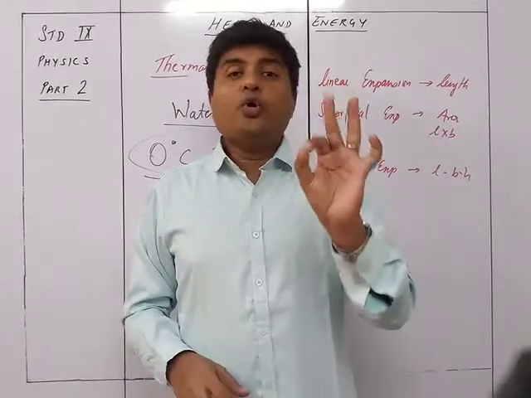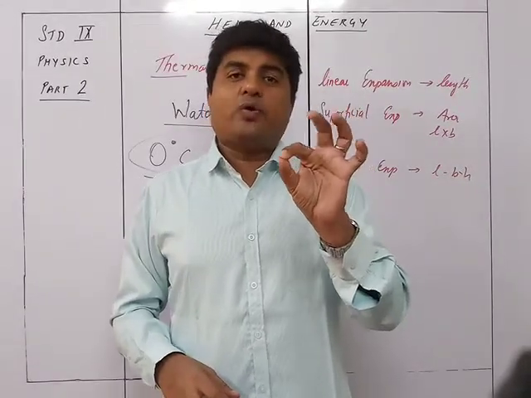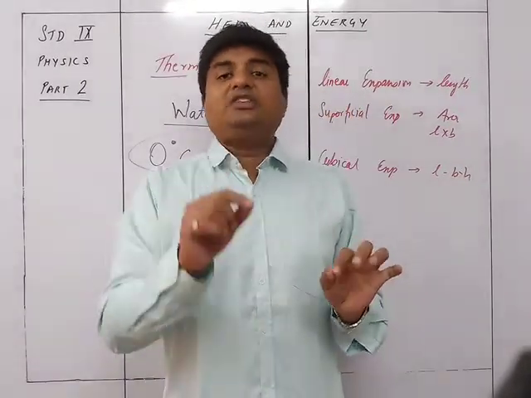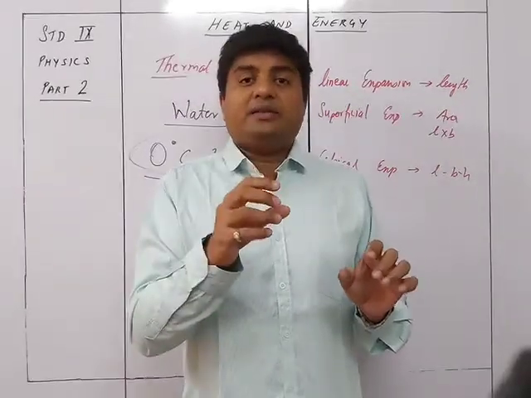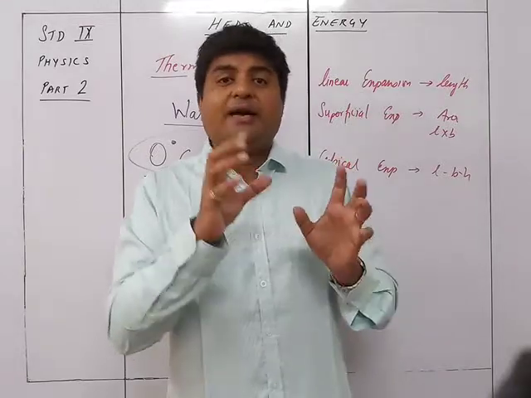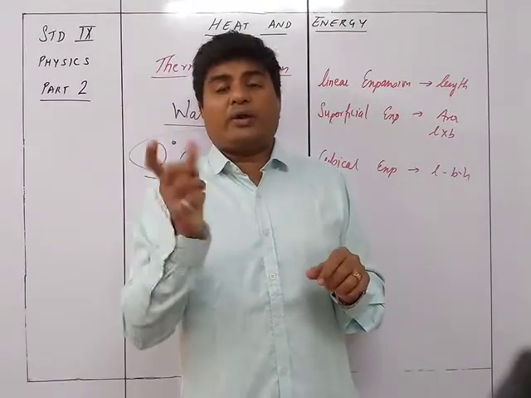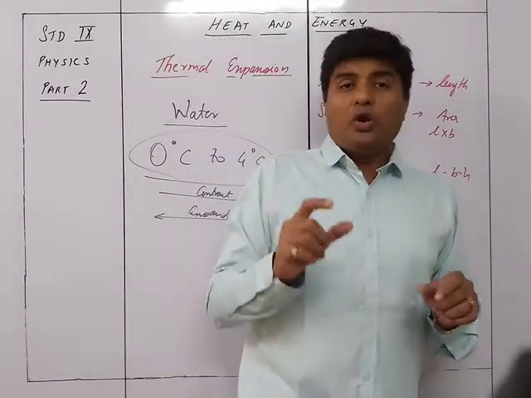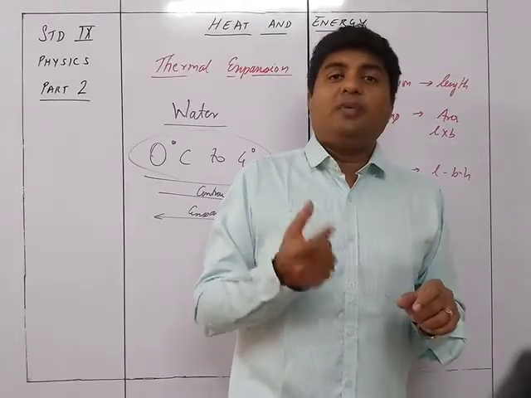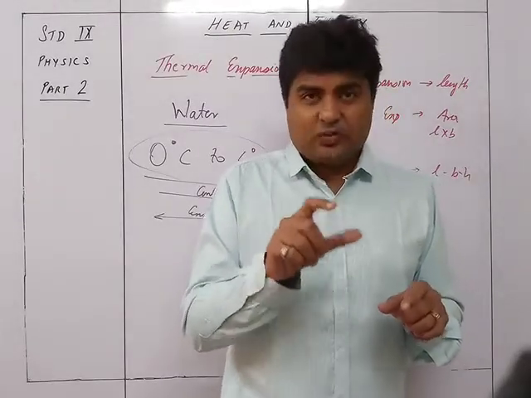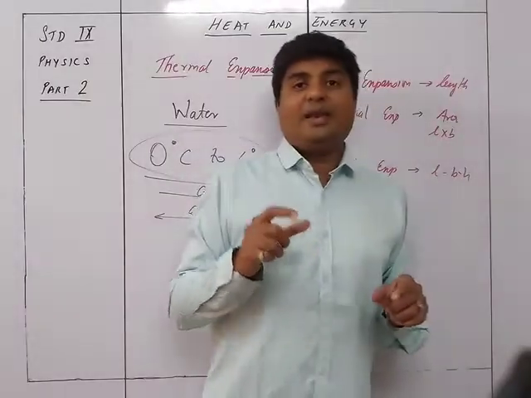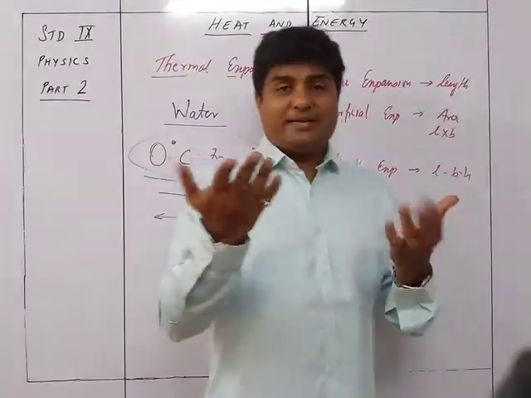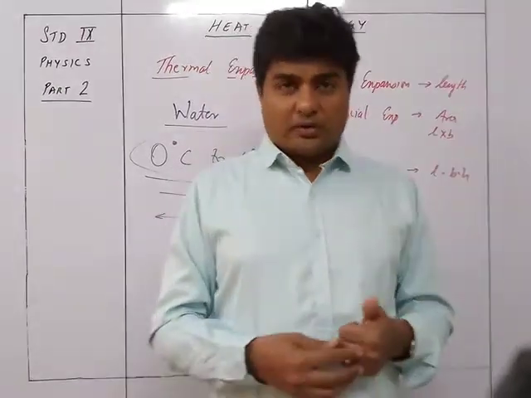But the moment it reaches 4 degrees and you go down to 0 degrees, instead of contracting, it starts expanding. And when it forms ice, it has more volume than water. So the volume of water will be less compared to ice, or we can say that the density of ice will be less than that of water, and that is the reason ice floats on water.